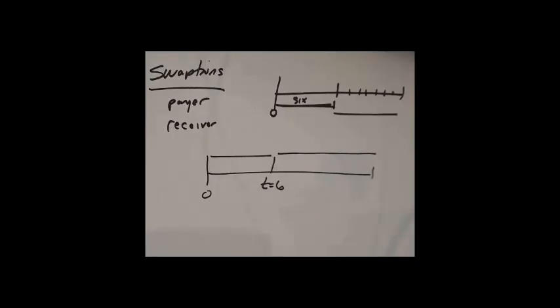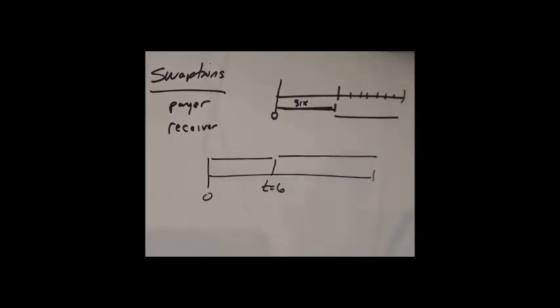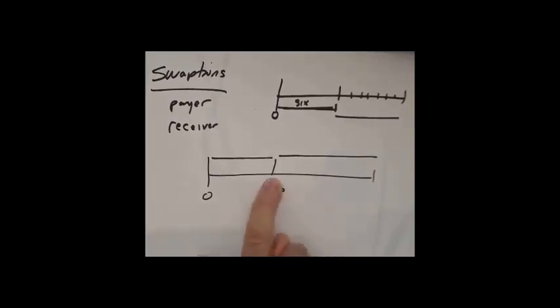Now, you enter into a 4% swaption with a 6-month maturity. 6 months later, T equals 6, interest rates on 5-year bonds are 7%. So for this 5-year period here, interest rates are now 7%. They were 4%. And so at this point, swap fixed rates will be 7%.